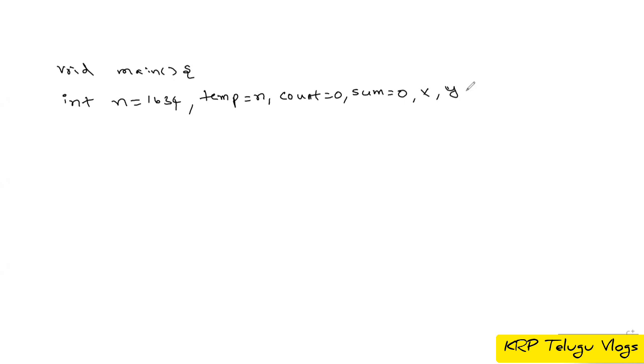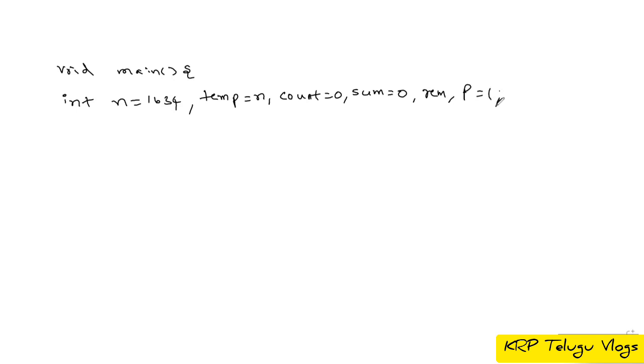Otherwise I'll give some names. So here remainder is equal to remainder, comma, power value. Initially the power value is 1.